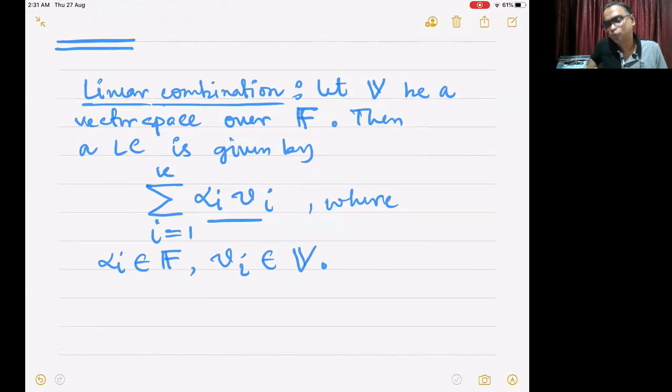And commutative, so if you shuffle them up, it doesn't really matter. So linear combination gets well defined.